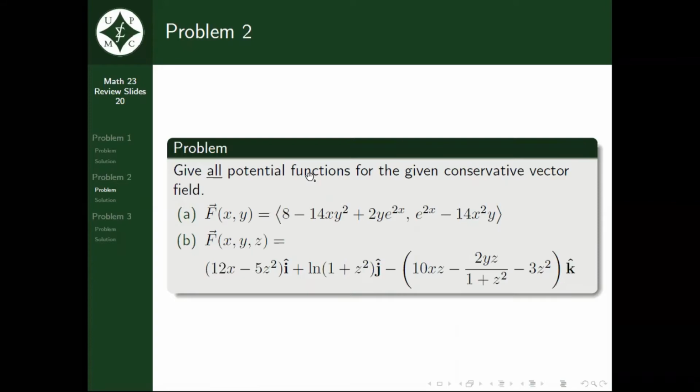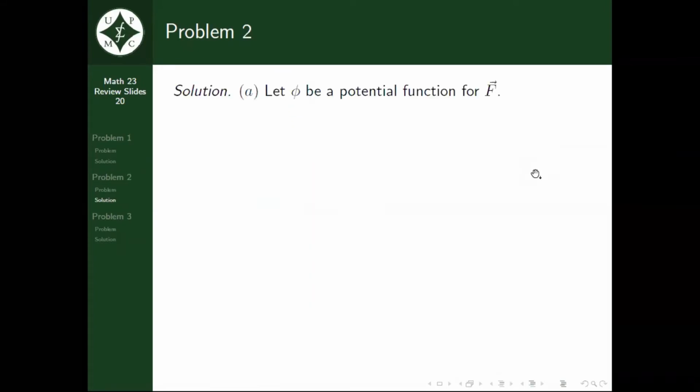field. So, we said that if it is conservative, we can get a scalar field such that its gradient is equal to f.